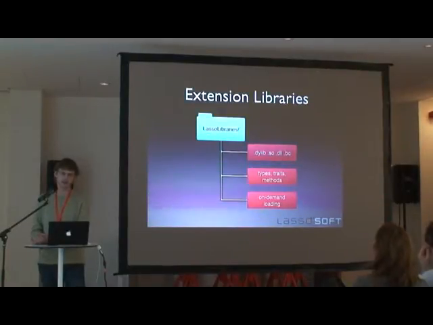So we can provide compatibility for a lot of Lasso 8.5 code, but not have that loaded if you're not using it. As soon as your website tries to use something that isn't officially supported in Lasso 9, it's provided for compatibility, it'll load that library. We provide quite a few compatibility libraries in that manner.